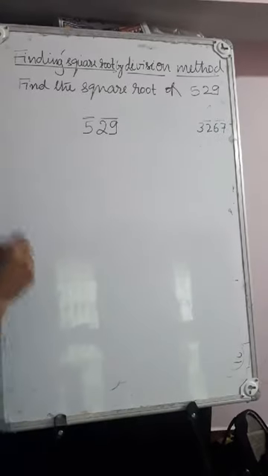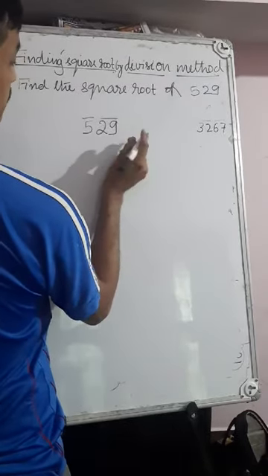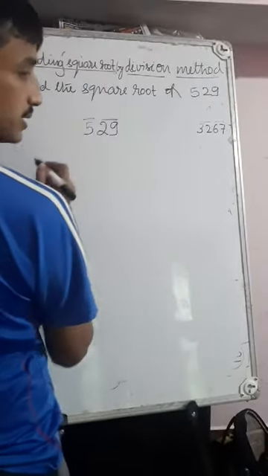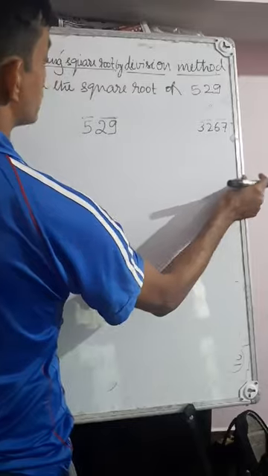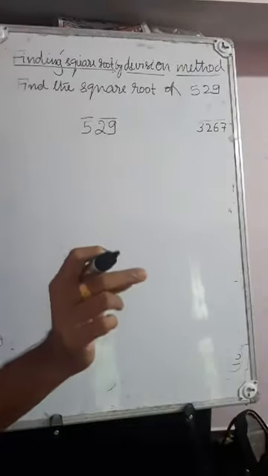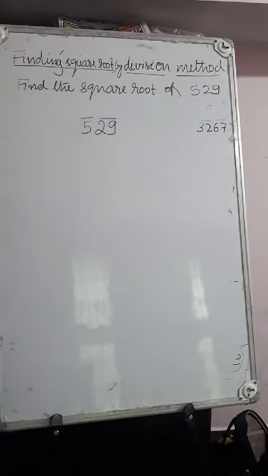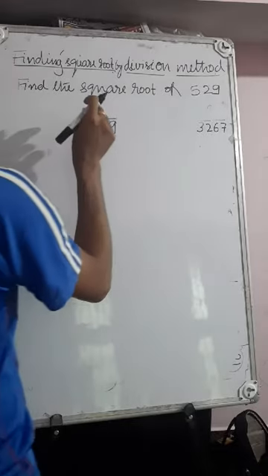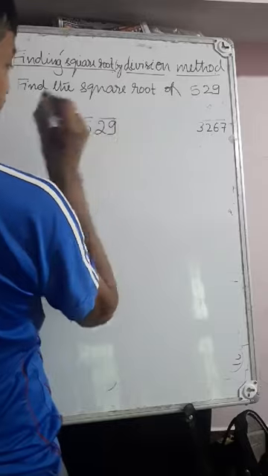Hope you understood. Starting from the units place, considering two numbers as a pair, keep a bar. This is what I have done for 529.